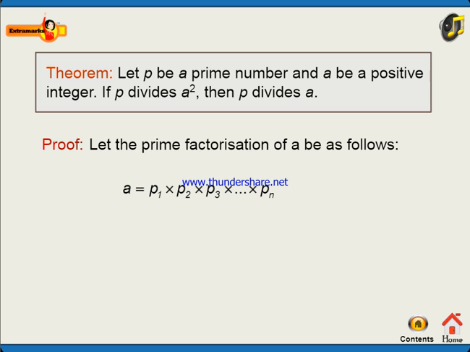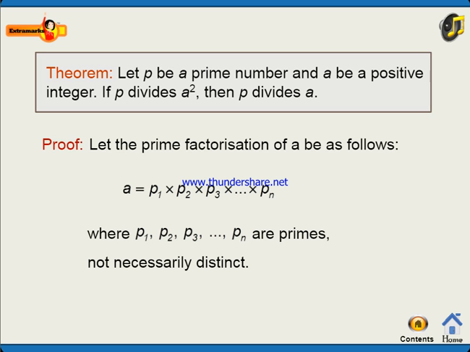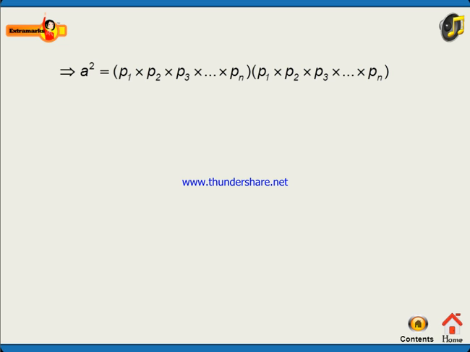Let the prime factorization of a be as follows, where p1, p2, p3 and so on up to pn are primes, not necessarily distinct. We get a square is equal to p1 square into p2 square into p3 square and so on up to pn square.